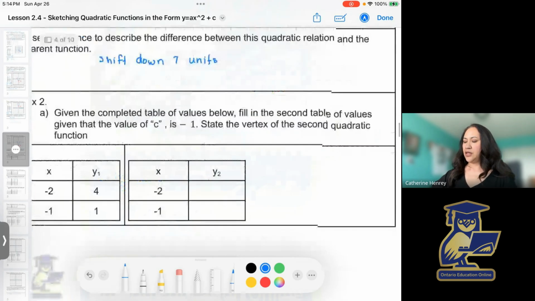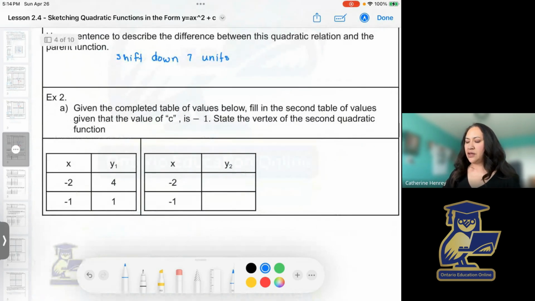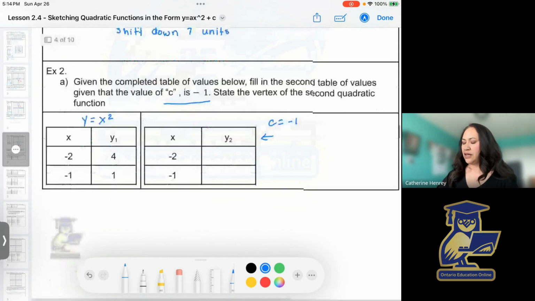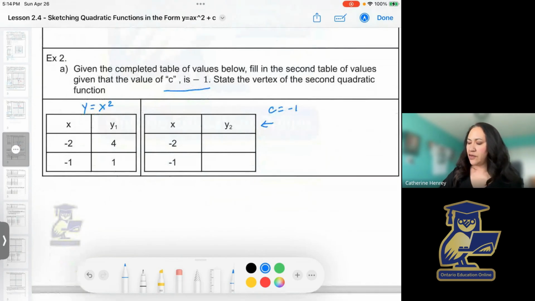Now, we can do this another way. Let's say we're given a completed table of values, and this is our parent function, y equals x². And we want to fill in the second table of values here with the c that is equal to -1. Now, how do we do that? What we do here is we take all the y1 values and we subtract c, and that's going to give us the y2 values.